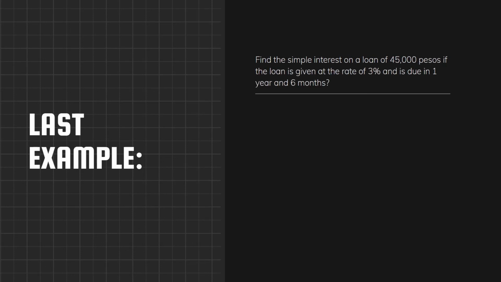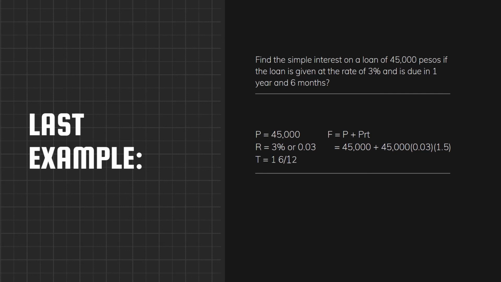Find the simple interest on a loan of 45,000 pesos if the loan is given at the rate of 3% and is due in 1 year and 6 months. P equals 45,000, R equals 3% or 0.03, T equals 1 and 6 over 12. Remember, it is always important to input the right values. Making a mistake will be detrimental to your solution.